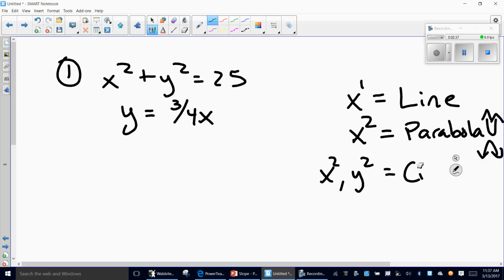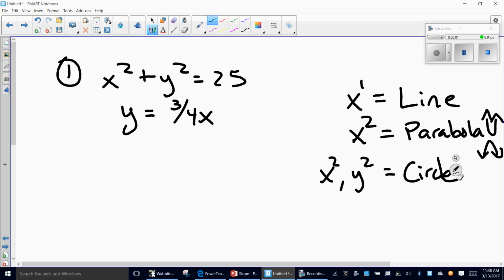A circle. Great. I believe you took the center point and the radius, and you had something like x minus h squared plus y minus k squared equals the radius squared, and that was your equation for your circle. So if it's got an x squared and a y squared in it, you're looking at a circle.